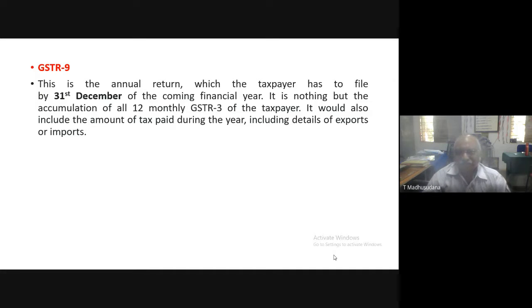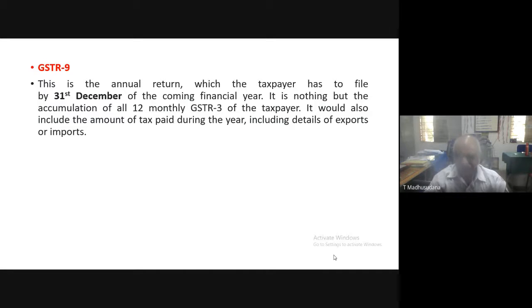So this GSTR 9 is an annual return form, which is to be submitted after completion of 1 year. The due date for submitting GSTR 9 is December 31st of next financial year.